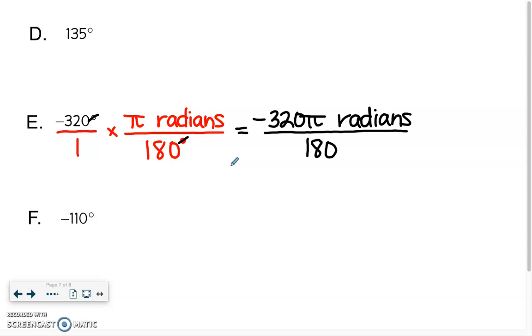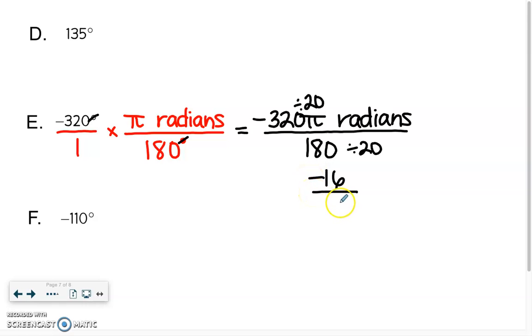So what can I divide 320 and 180 both by? Not 4, just 2 maybe? Actually, I'm going to make it 20 because they have zeros. So if I do 320 divided by 20, I will get negative 16.